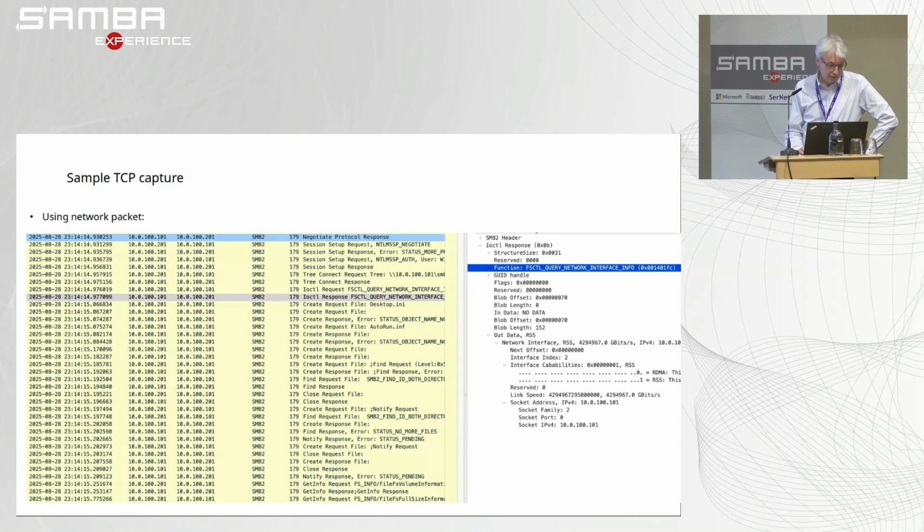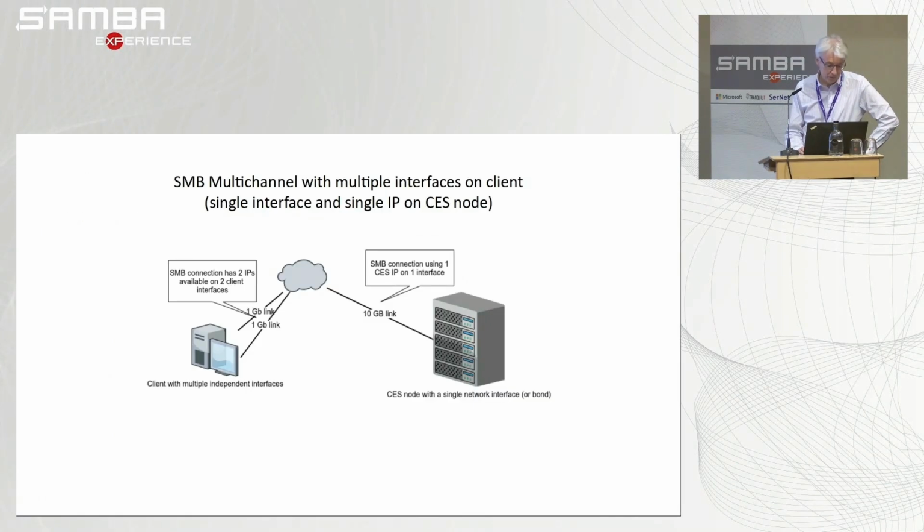And so does it work? Yes, it does. Take this sample, where you have a client with 2 network cards and a server with 1, so 2 IP addresses on the client, 1 IP address on the server.